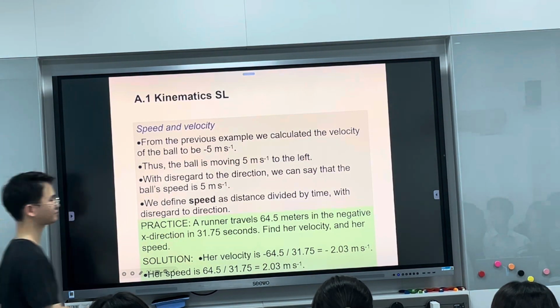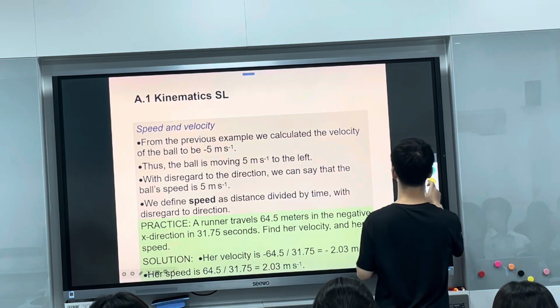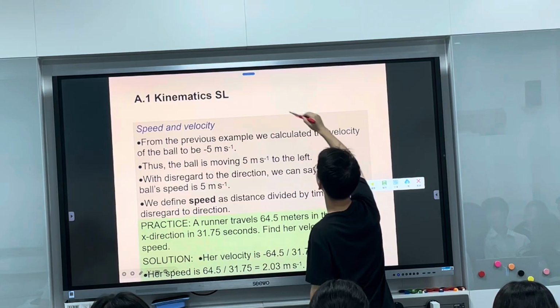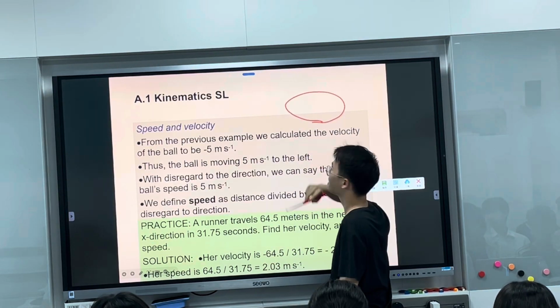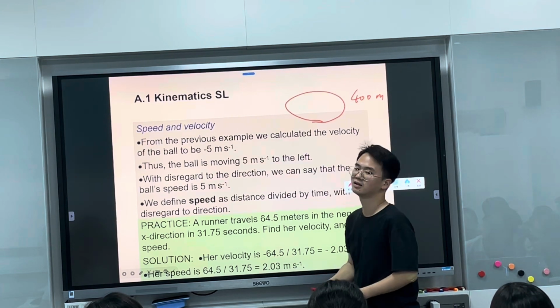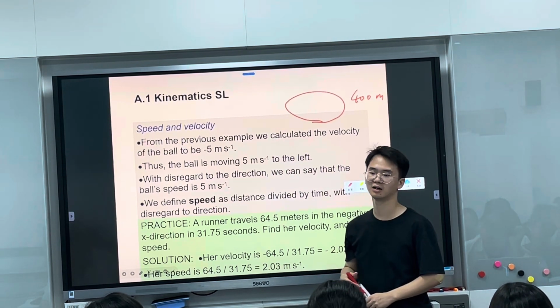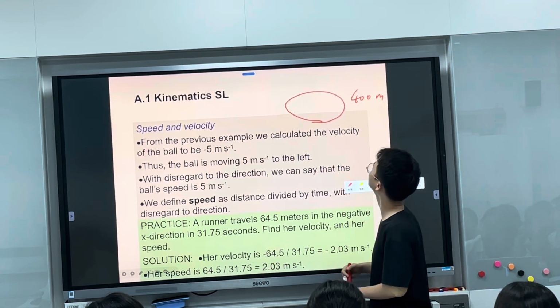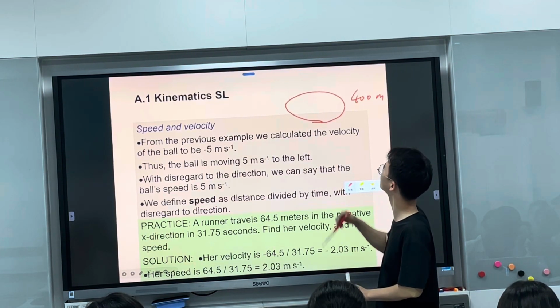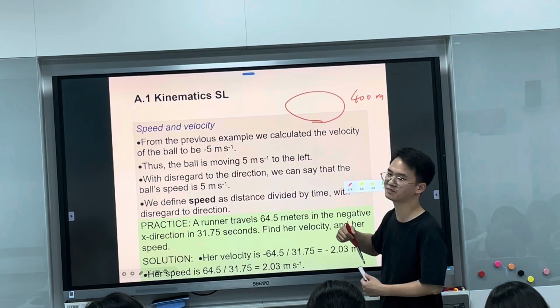Question. So let's say our field has a circumference of 400 meters. How long did it take for you to run a lap?